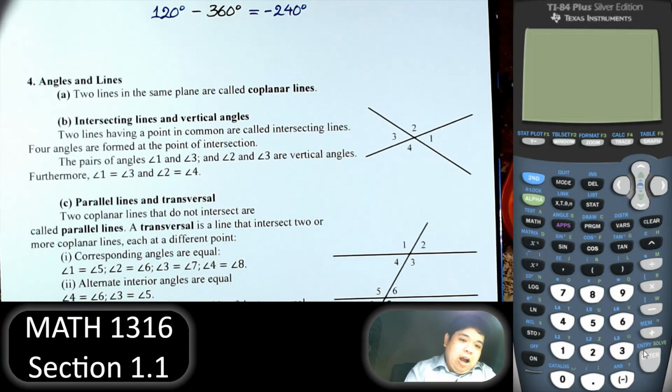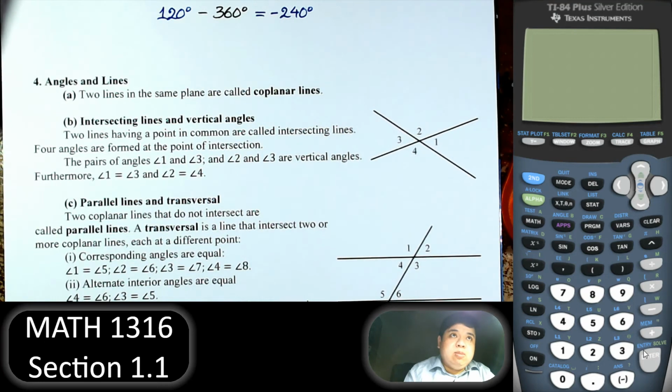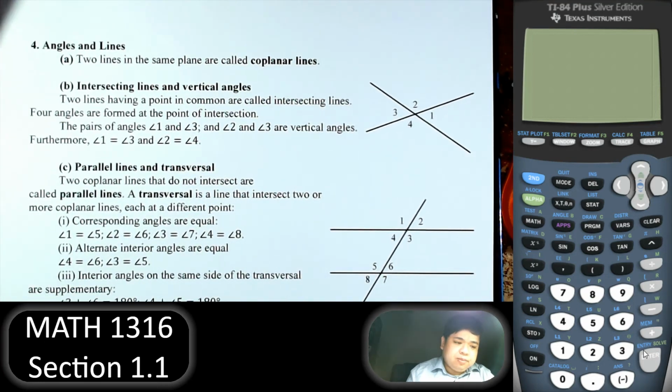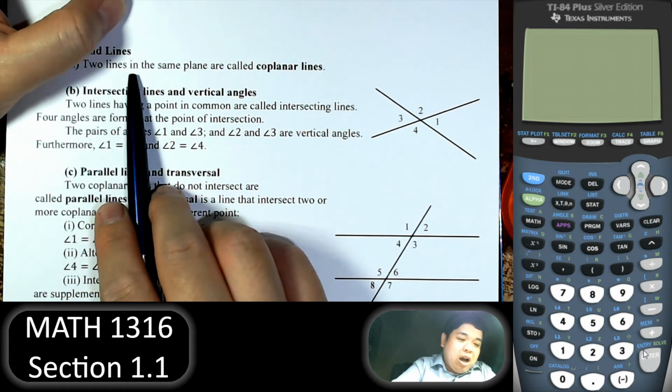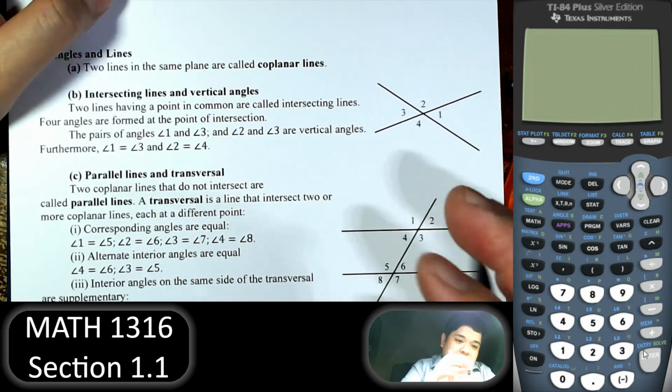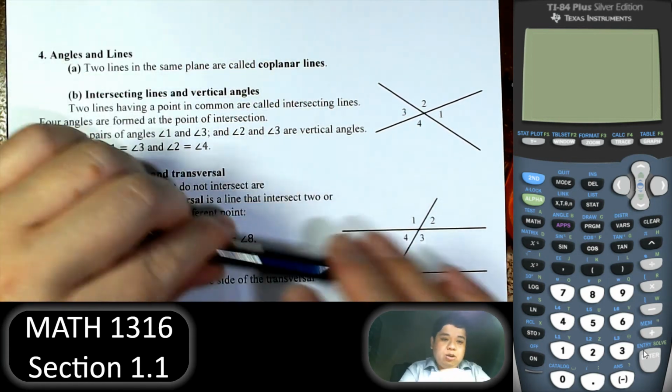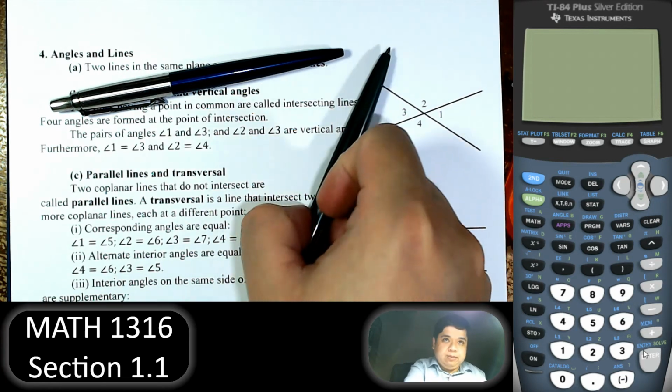Right. Next, angles and lines. So this is some basic trigonometry, I should say basic geometry. Two lines in the same plane are called coplanar lines. So two lines on the same plane.